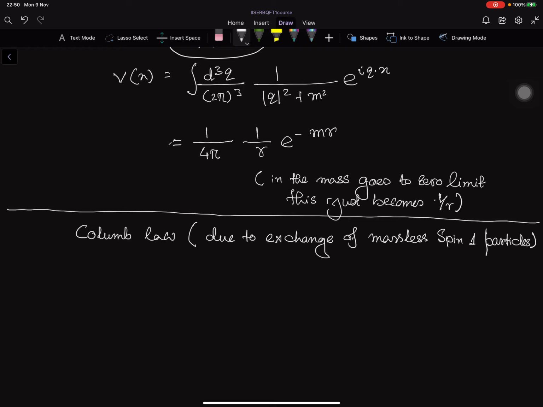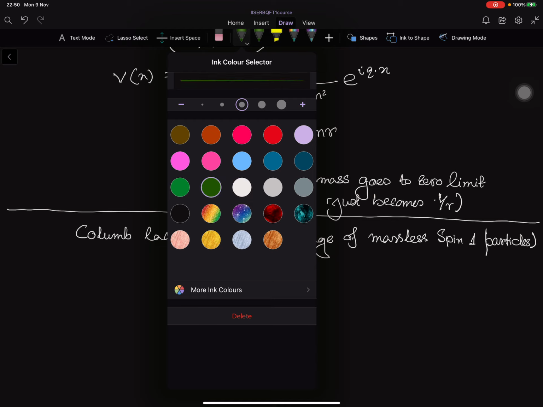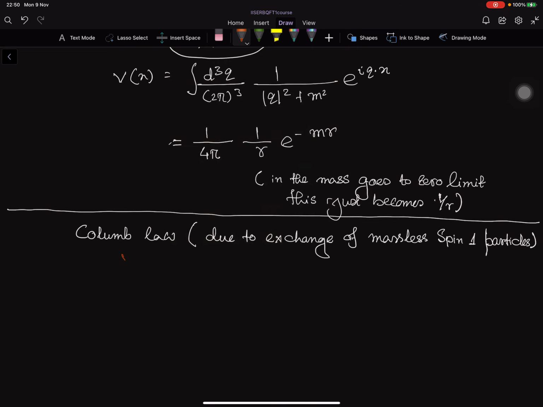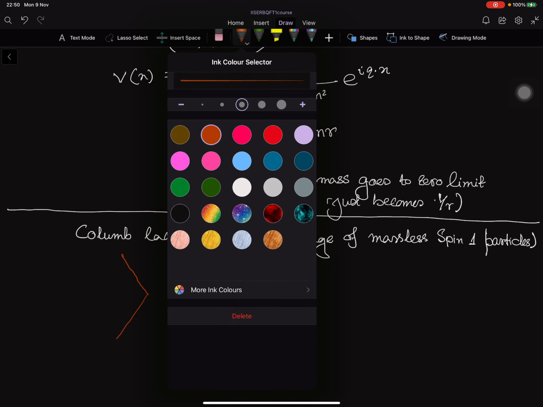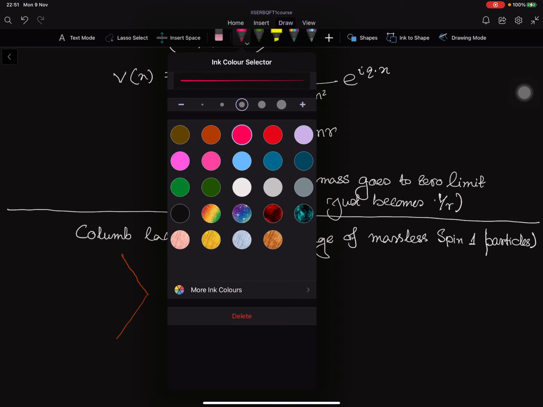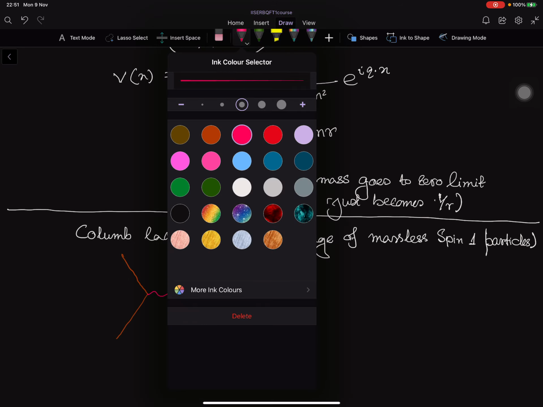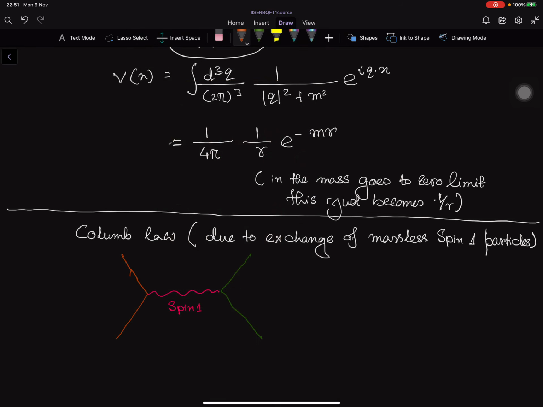In order to do that, we consider two charged scalars and we compute the scattering due to exchange of spin 1. I forgot to mention the arrows.